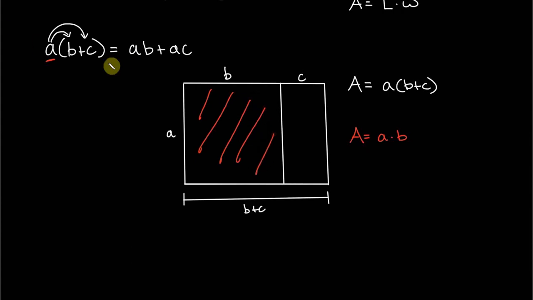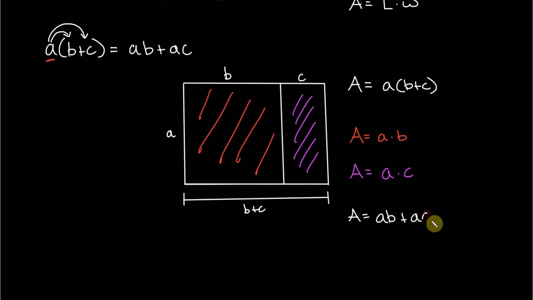Then if I switch colors, using magenta for this one, for this smaller rectangle area A equals A times C, length times width, and that's going to give us this area right here. Then we can add these two areas. In this case, area A would equal A times B, which is AB, plus A times C, as we saw up here, which is AC, so it's going to be AB plus AC.